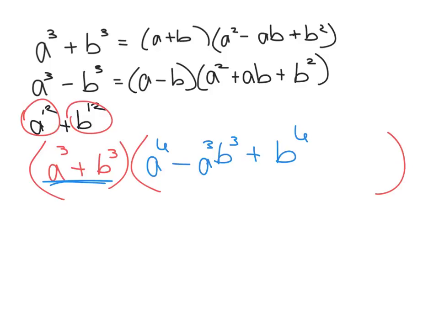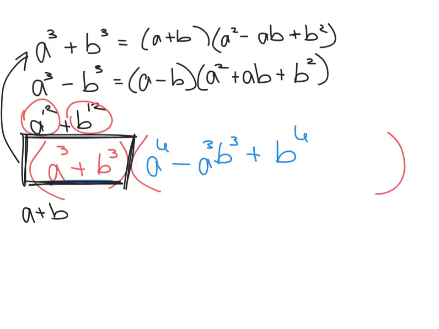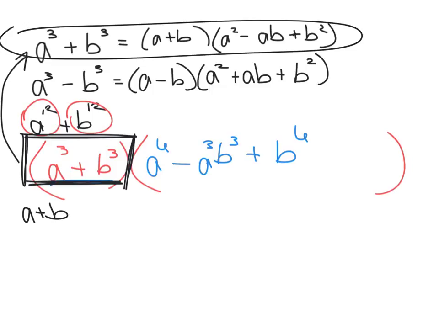But we have ourselves a little bit of a situation here, because if you'll notice, this right here is also the sum of two cubes. It looks like that. So I can take that and simplify it. So let's go ahead and do that. In fact, I can just rewrite this up here because it's the exact same thing, right?